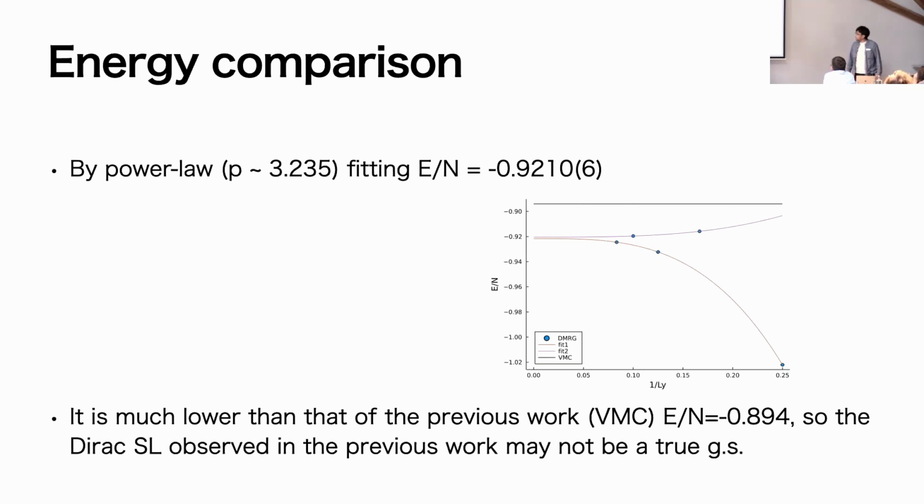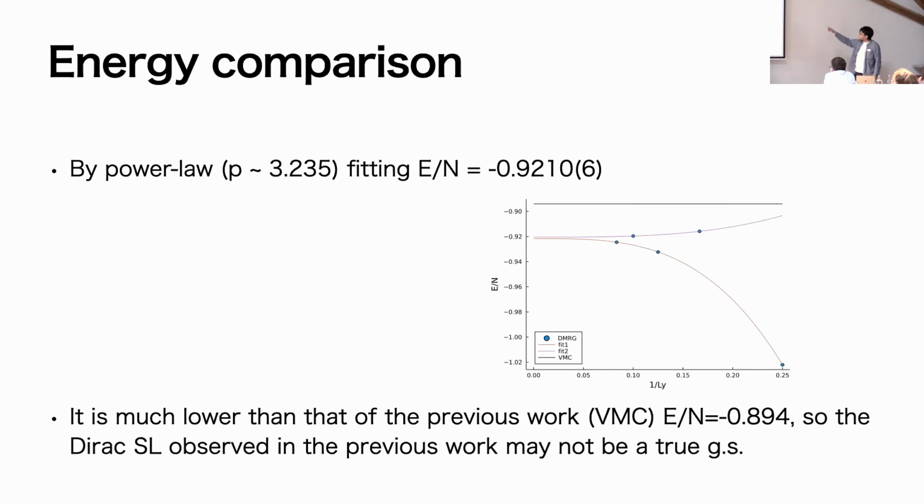I first do an energy comparison between the new DMRG and the old work. By parallel fitting, we obtain the thermodynamic value of energy per site as minus 0.9210, which is well converged, as shown in this figure.